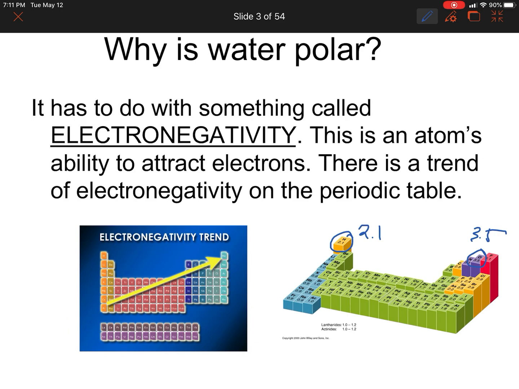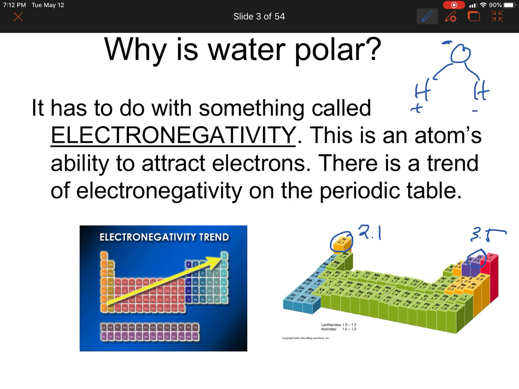What that means is when you've got oxygen bonded with the hydrogens, the oxygen likes the electrons more. These are covalently bonded here, which means they're sharing their electrons. However, the electrons are going to spend more time around the oxygen atom because the oxygen atom likes them more. And the hydrogen atoms also like electrons, but not as much.